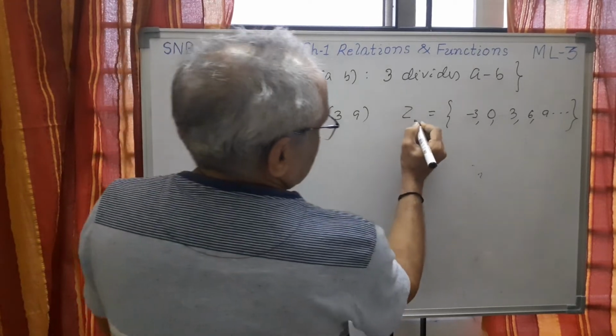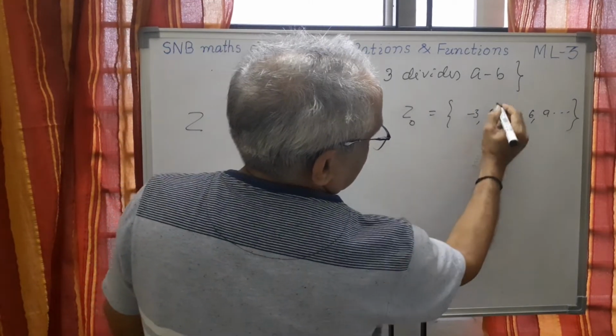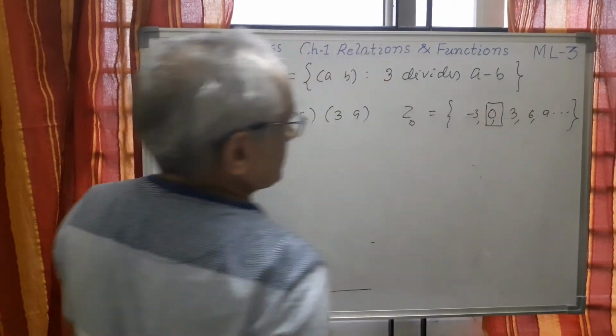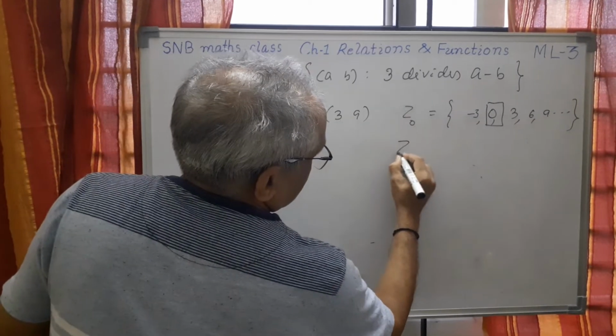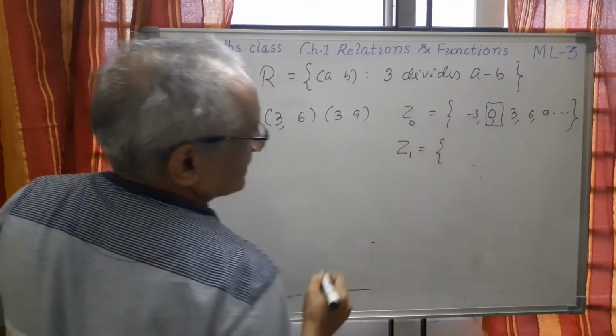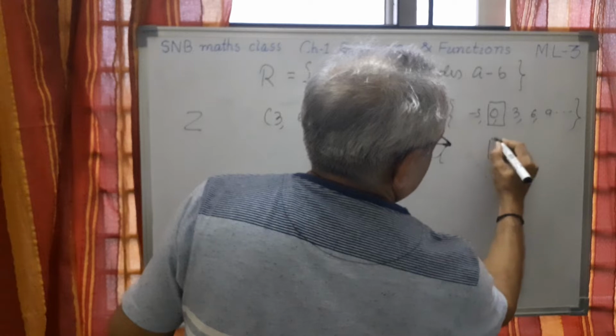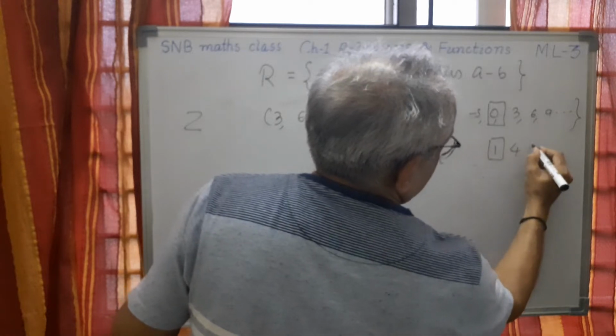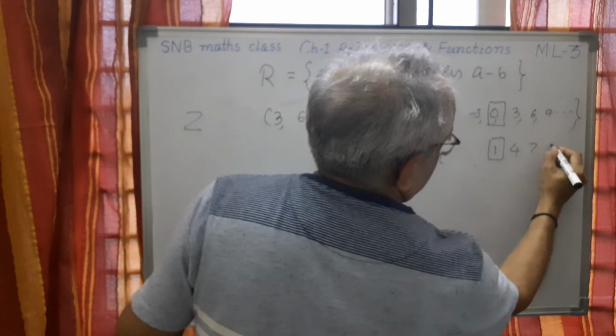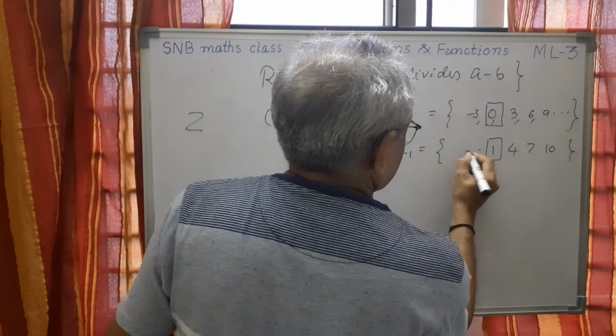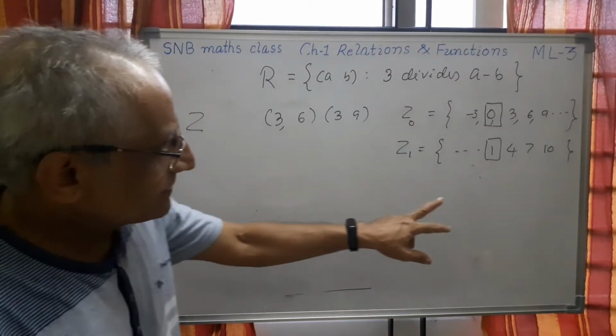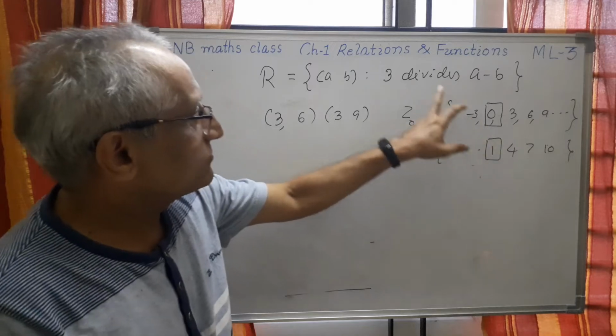So let me call this Z0 because 0 is contained here. And then Z1: this set contains first element 1, then 4, then 7, then 10, etc. On this side of course you can write more. Here also you see 4 minus 1 is 3, divisible by 3.